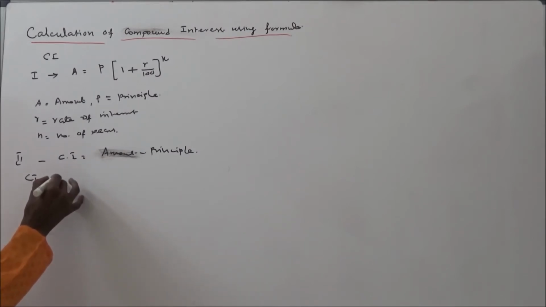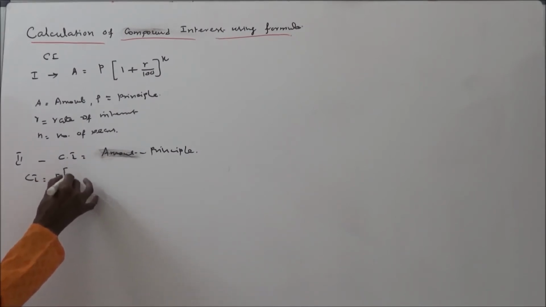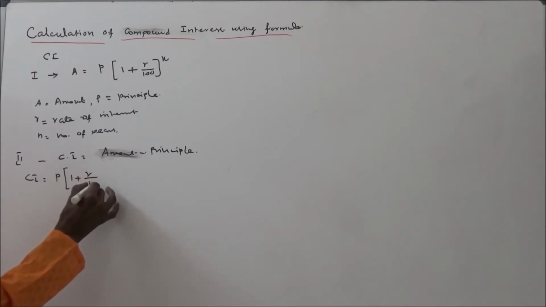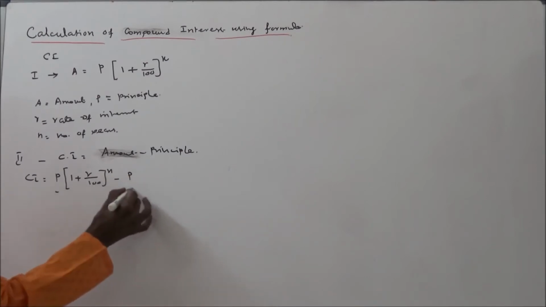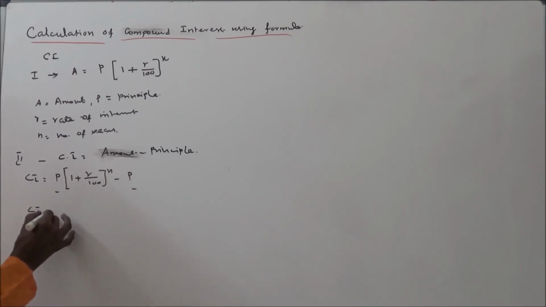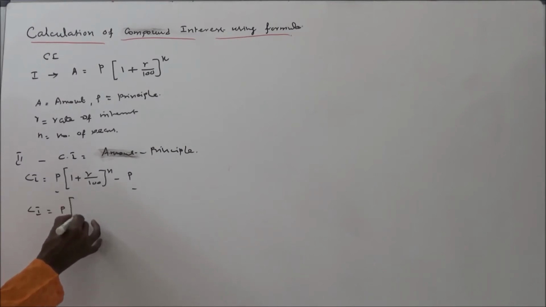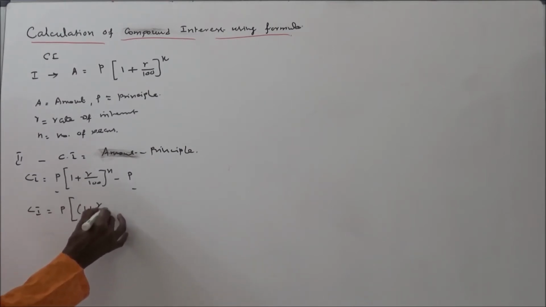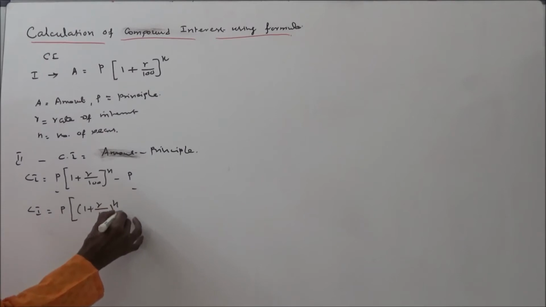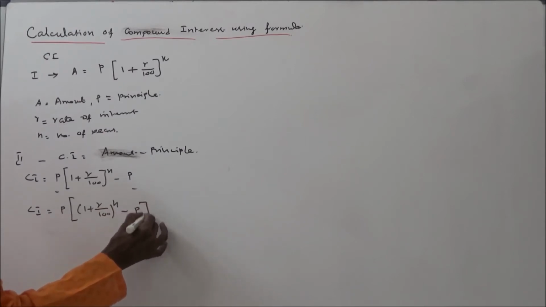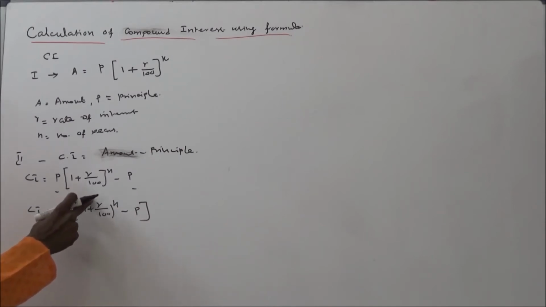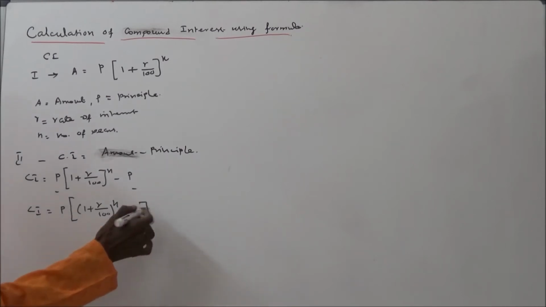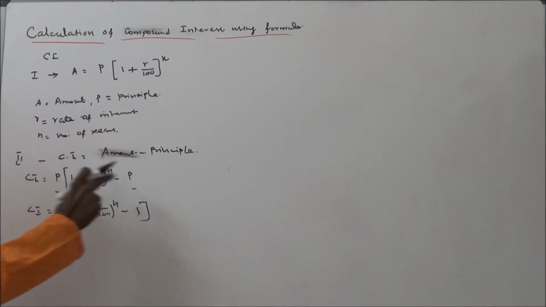Amount is equal to P into (1 plus R by 100) to the power n, minus P. Here P is common, so compound interest is equal to P into [(1 plus R by 100) to the power n minus 1]. Again P is the principal, R is the rate of interest, n is the number of years. Okay, this is 1, not P, this is 1, because we take out P.